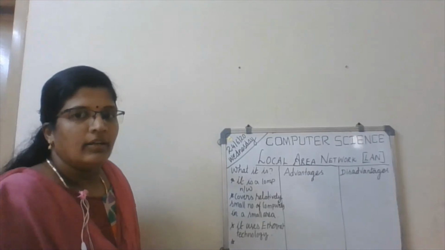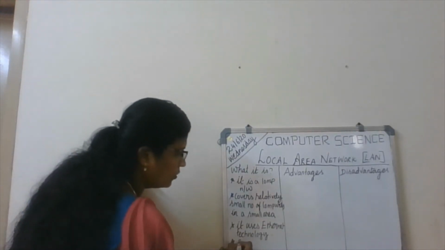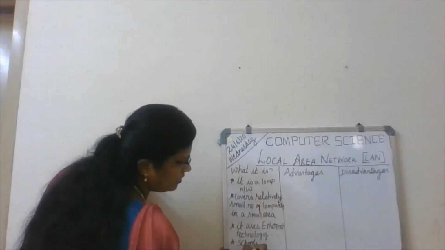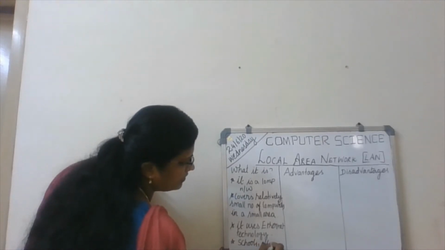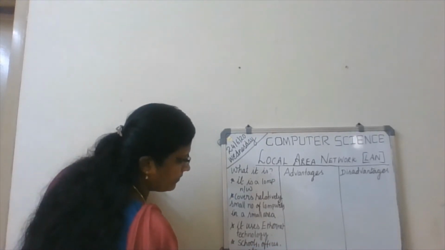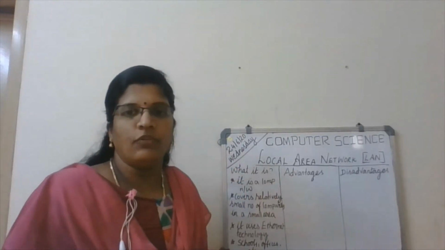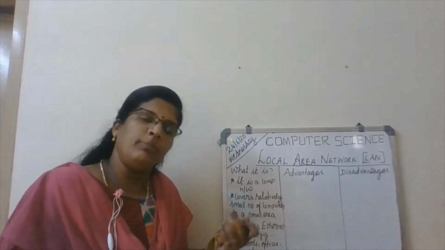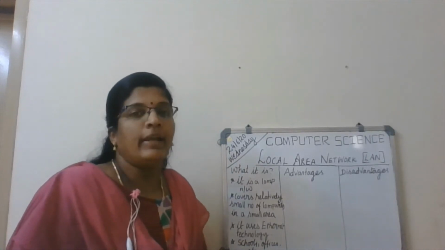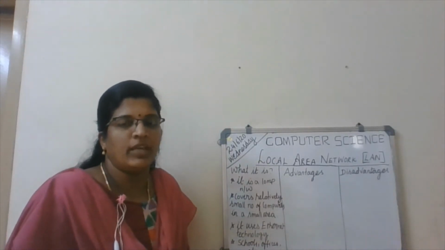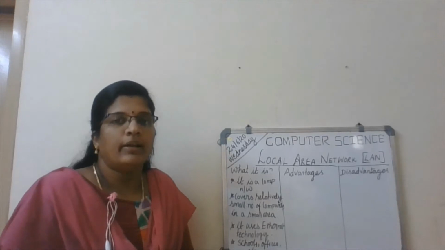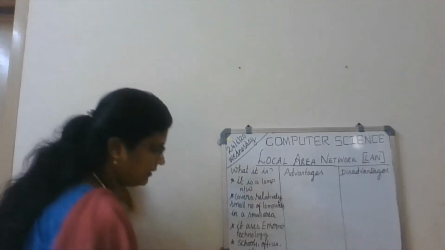Examples: schools, offices, etc. And from one floor to another floor, if we connect computers, we may use telephone lines or radio waves for communication. So within a building.